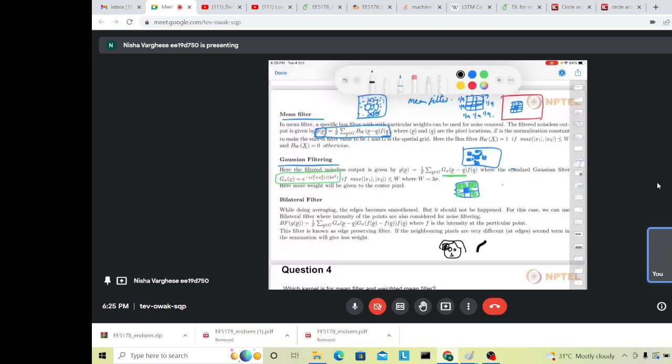Like this. But we want a sharp edge. So at the edges the averaging should not happen. This type of processing can be done using a bilateral filter.